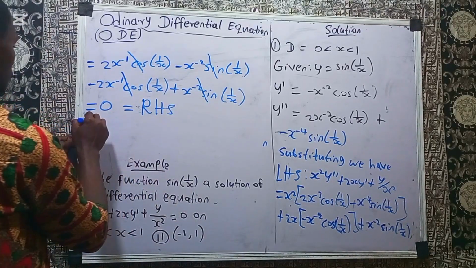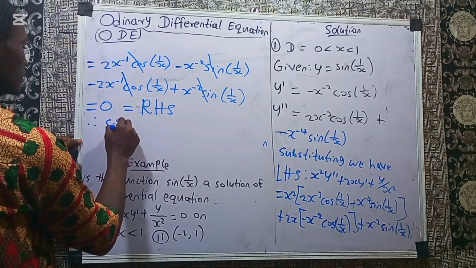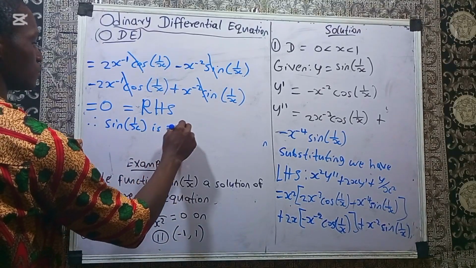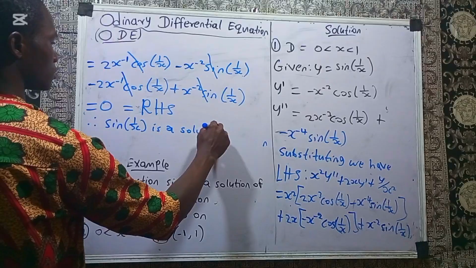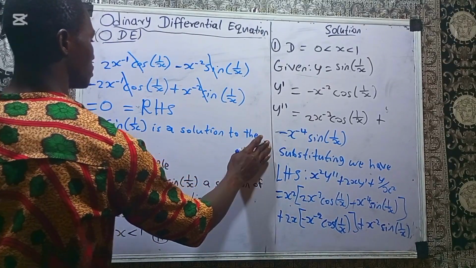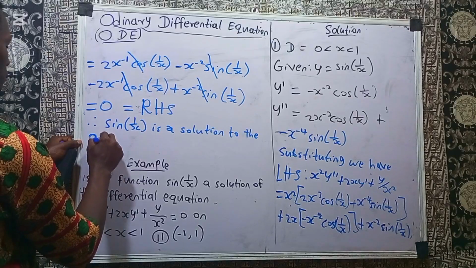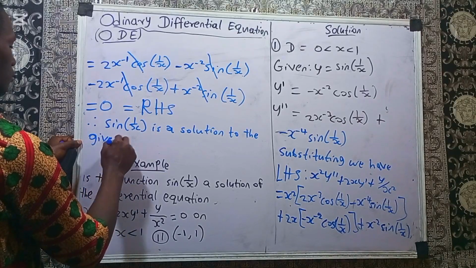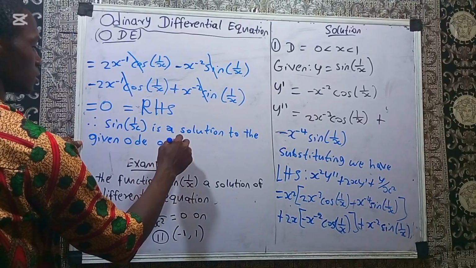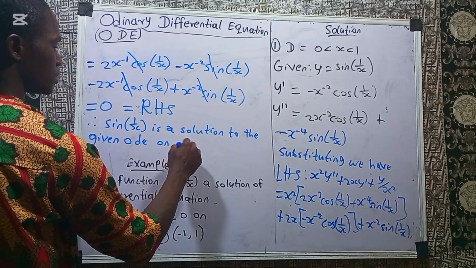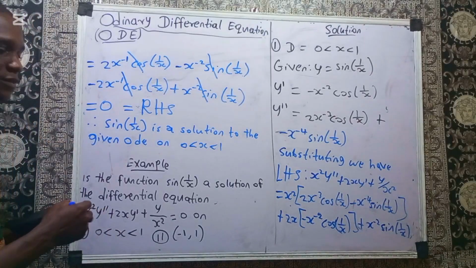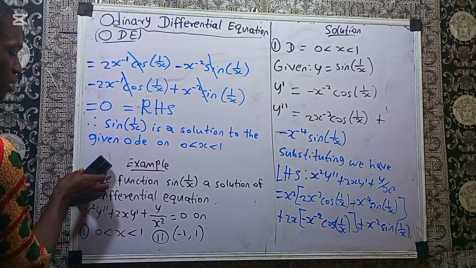Therefore, sine 1 over x is a solution to the given ODE on this domain, 0 less than x less than 1, right? It's a solution to it.